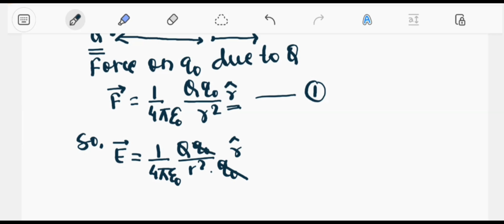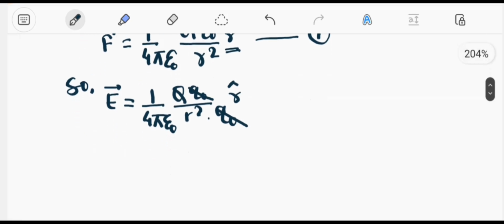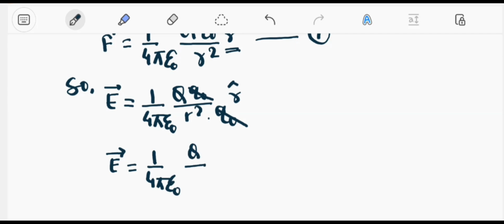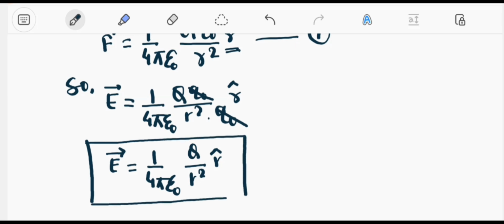This Q naught and Q naught get cancelled, so we are left with the electric field intensity due to a point charge, which will be equal to 1 by 4 pi epsilon naught Q upon r square r cap, for the unit vector. Is it clear? I hope the thing is clear to you all.